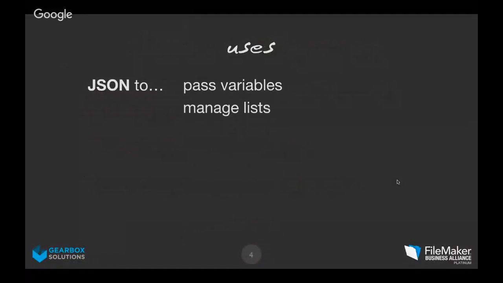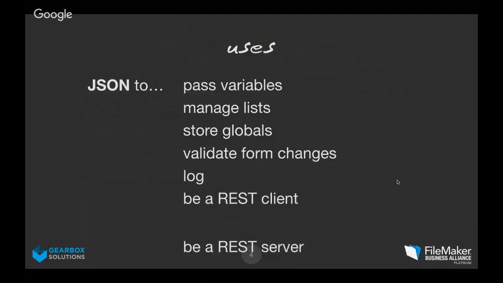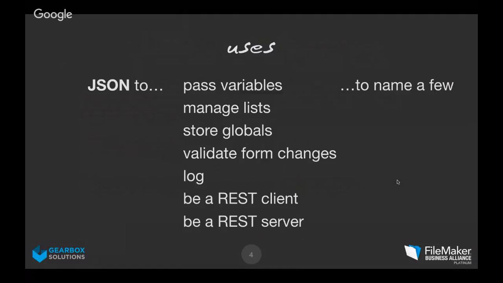All right, these are the uses that we're doing with JSON. I'm actually going to go through examples of almost all of these. Not logging. I don't know that I have time for that, but passing variables, managing lists.